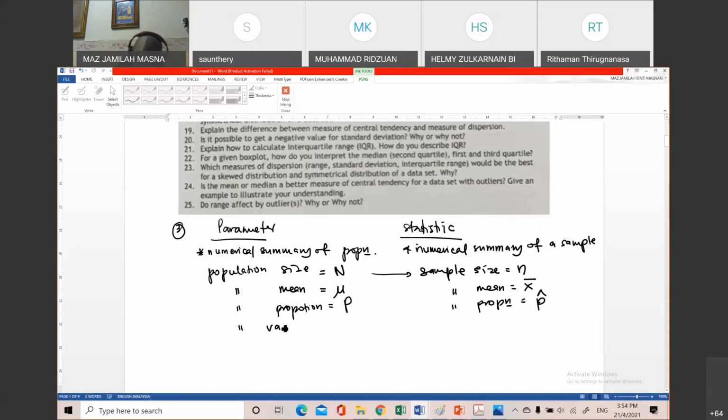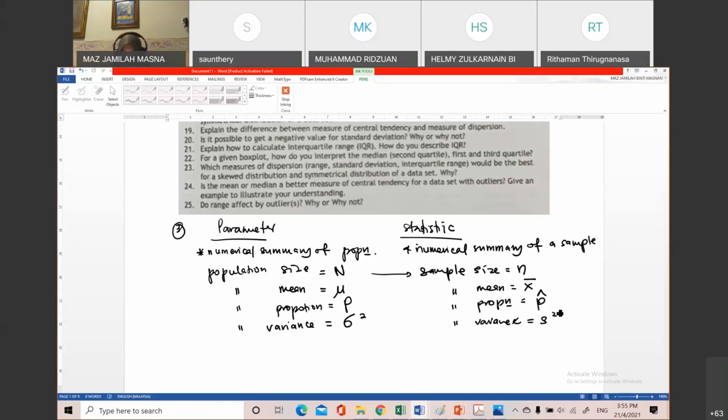Population variance. What do we call this? Sigma squared. Sample variance? S squared. So all these are parameters and statistics reflecting the numerical summary measured from your population or from your sample.